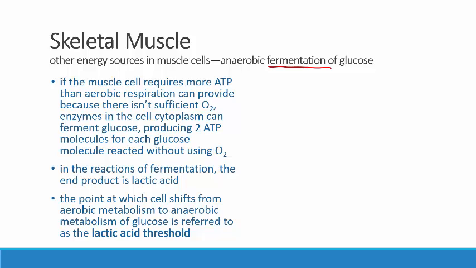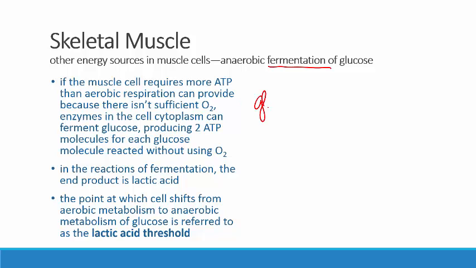But with this fermentation of glucose in the cells, rather than going on to make alcohol, our end product is a material called lactic acid. So if we don't have sufficient oxygen available, then we can still make some ATP, not very much.